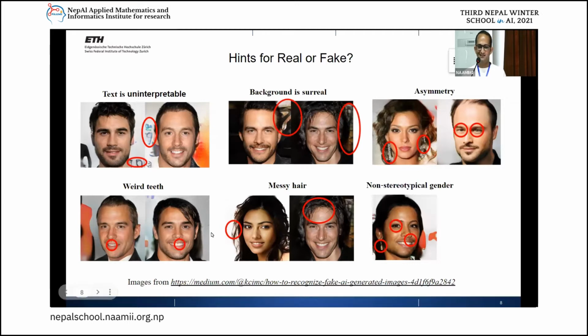Hair is messy, and sometimes non-gender-stereotypes are also generated. If you pay close attention and go back to previous images, you can train yourself to detect whether it's a real face or a fake face. But that was the case.